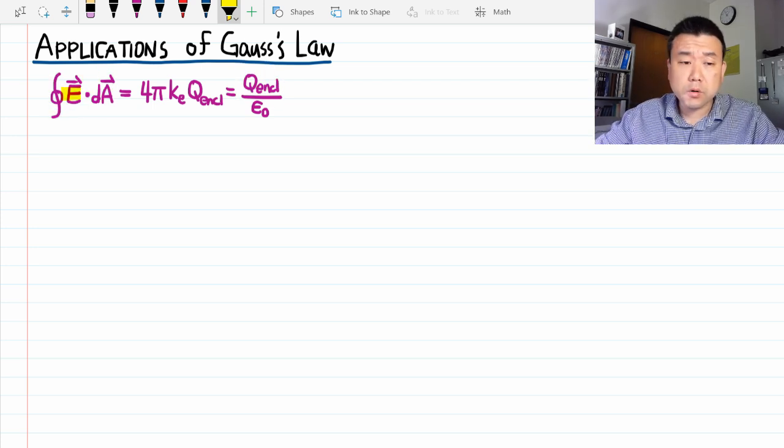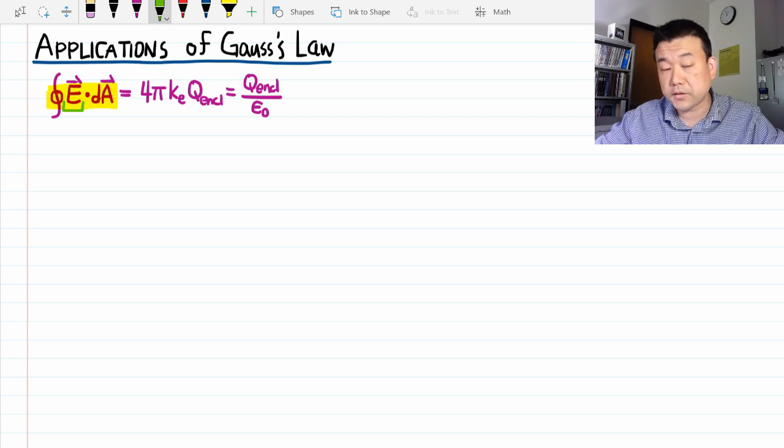Now, what takes more work is seeing how this is useful, because we don't usually care about a quantity like flux. It doesn't really relate to anything that you would measure physically. So it's a question of what Gauss's law is good for. A lot of what we do in electrostatics is trying to find electric field.